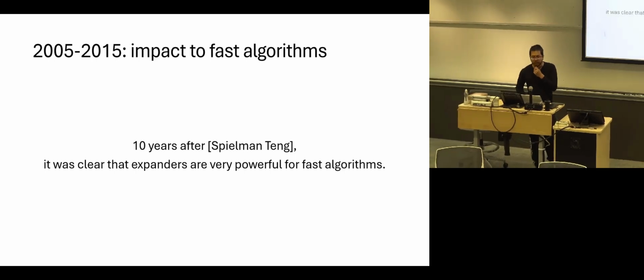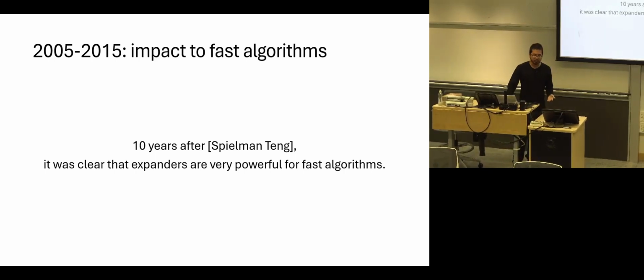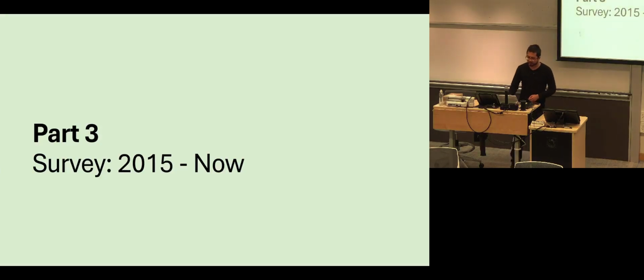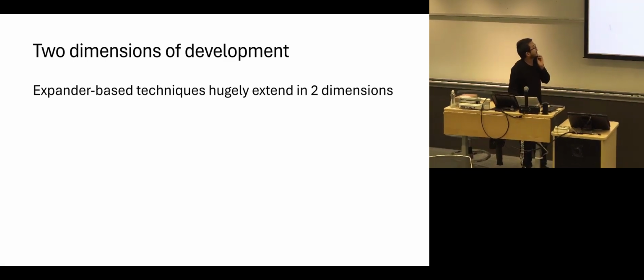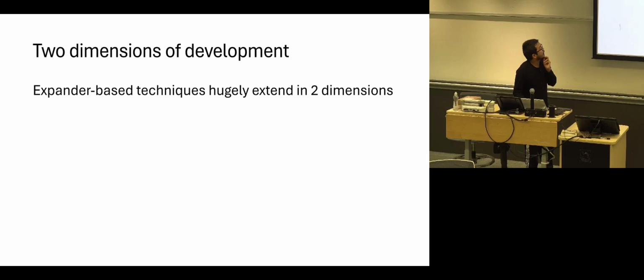Like you can solve 3-flow falsifier fast. Also, approximate max flow is now fast. And after this year, until now, in the last 10 years, expander-based technique has been hugely extended in two ways.